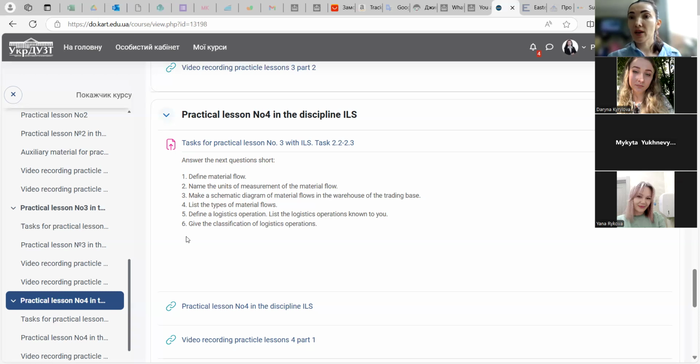I think it is very useful for you to repeat the information about lectures materials, and it is very useful to remember such a big part of information every day in different subjects, and this subject is also about international logistic systems. Okay, you can find it in your module courses, so I don't write it in chat now, and it is as homework. I stop the demonstration now.